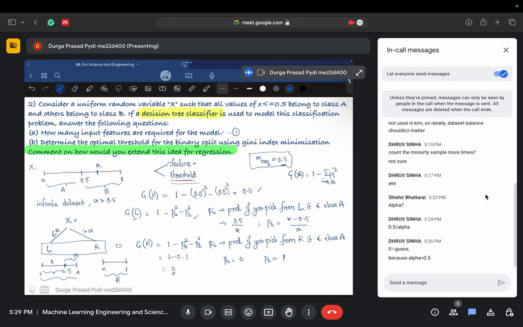So what will change if it is a regression problem? Instead of identifying just the class label, you need to come up with an actual value for the particular input value. So how would you do that?